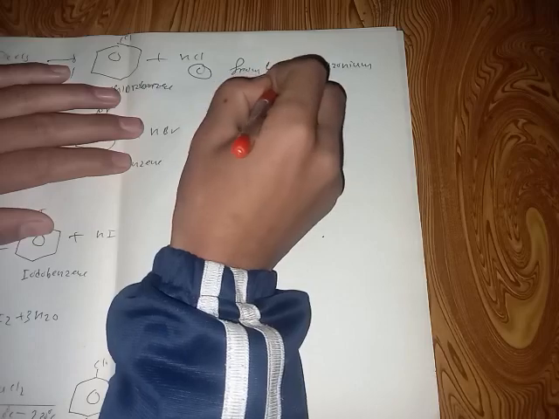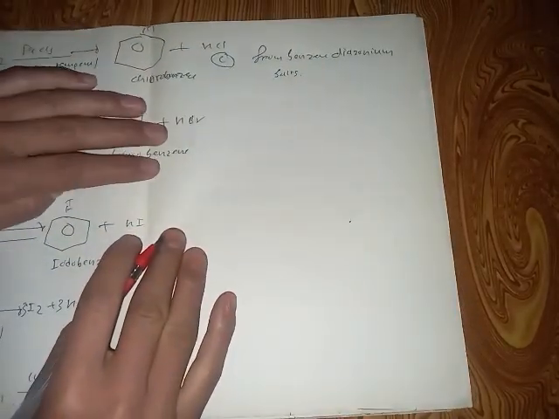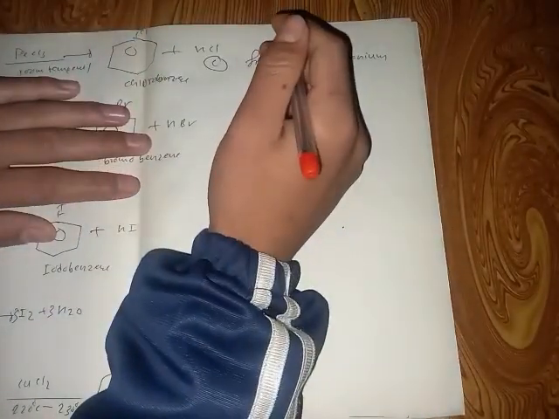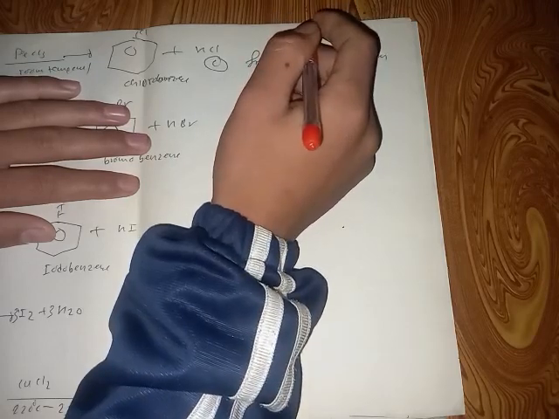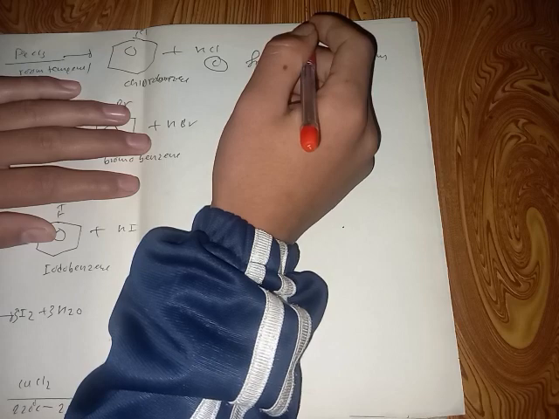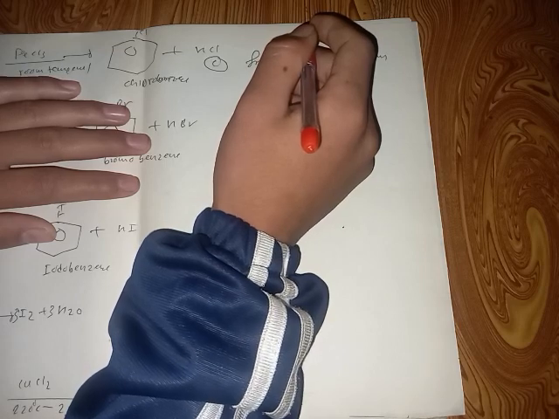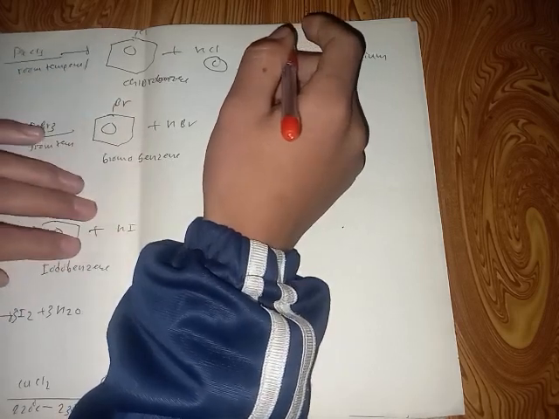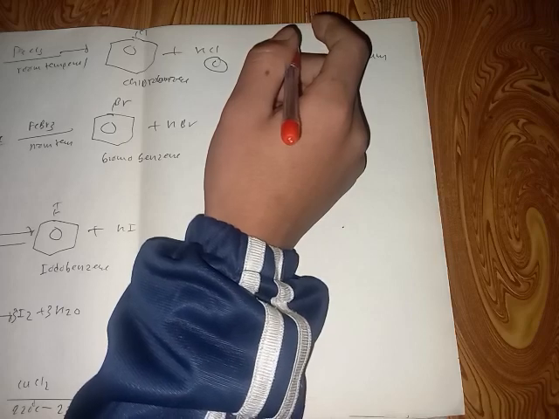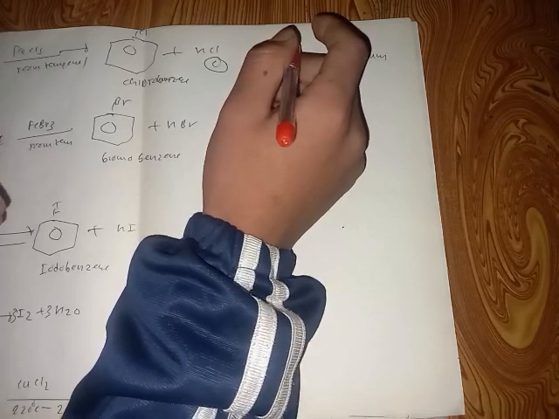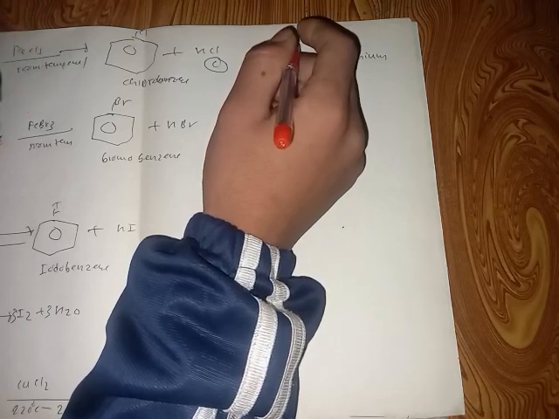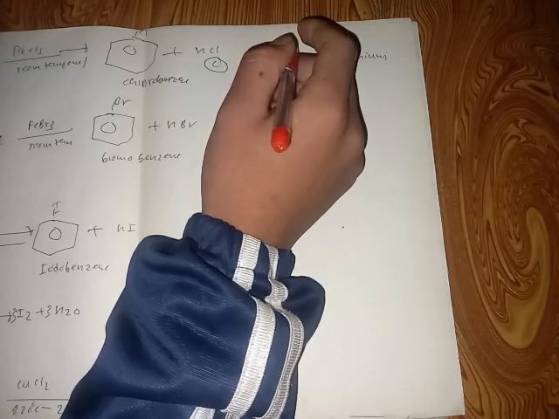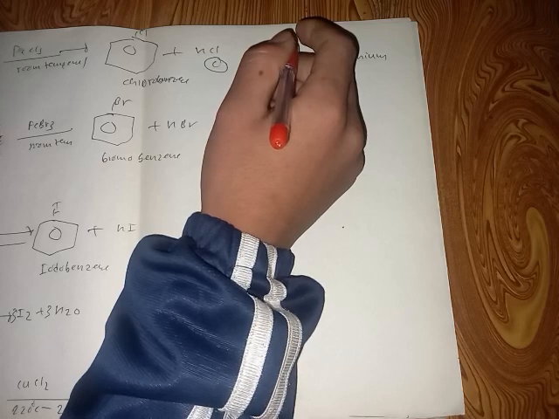The diazonium salt is obtained by treating an aromatic primary amine with nitrous acid, meaning NaNO2 plus HCl below 5 degrees Celsius, a cool condition. This reaction is called the diazotization reaction.